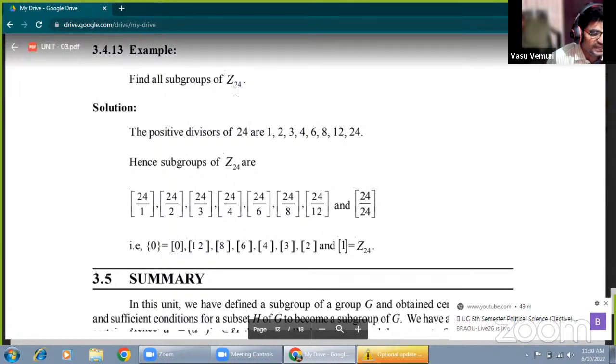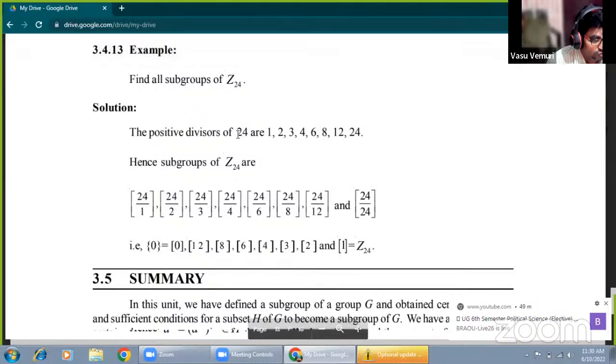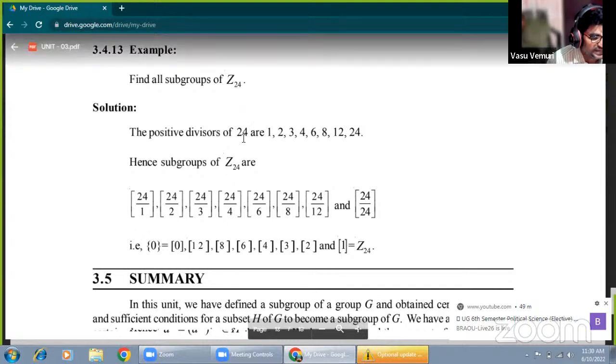Now, this is the final example, one of the examples to write the subgroups of Z24. Find all subgroups of Z24. First of all, what are the divisors of 24? 1, that is the unit part. 2 divides 24, 3 divides 24, 4 divides 24, 6 divides 24, 8 divides 24, 12 divides 24, 24 divides 24.